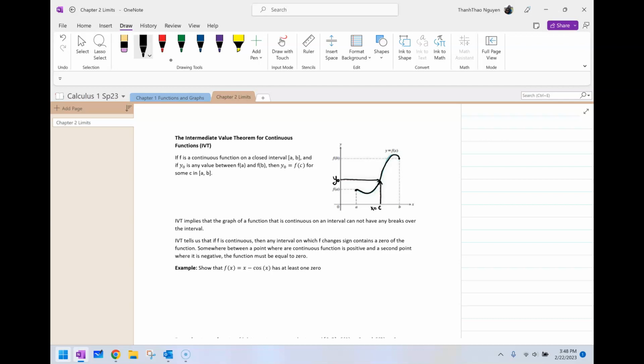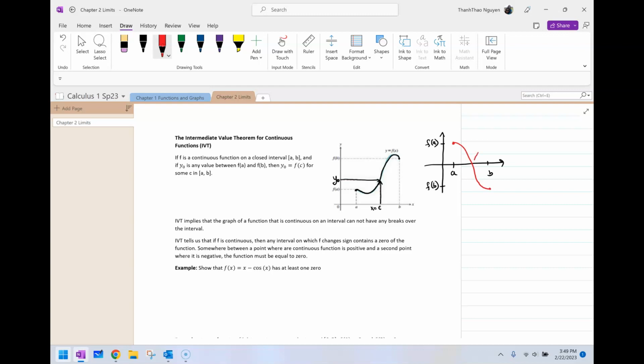And we want to use this to show that there is a 0 in between the intervals. So think about this. Say I have a function that is continuous in the interval from a to b, and f of a is positive and f of b is negative. Then my function may look like this.